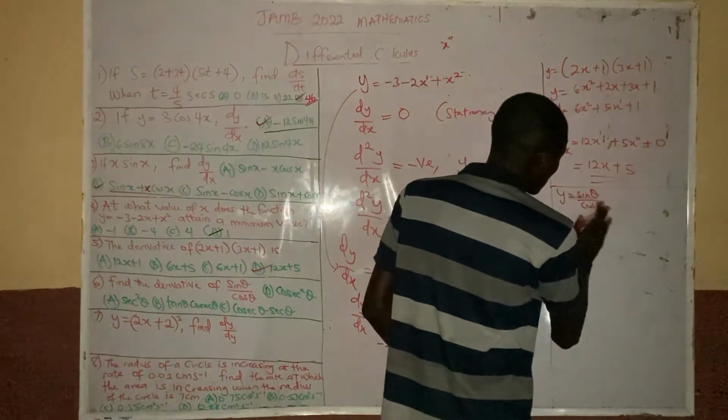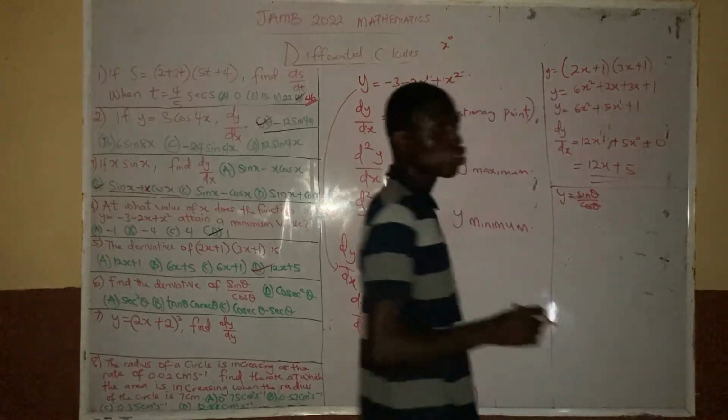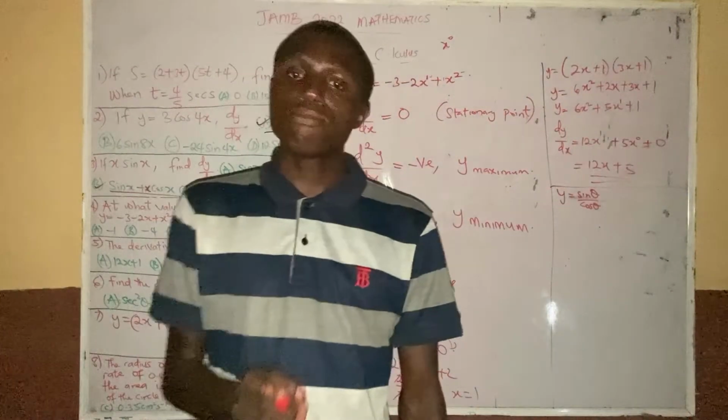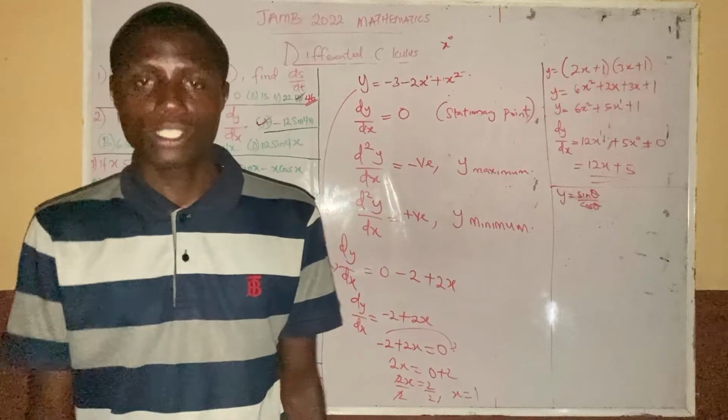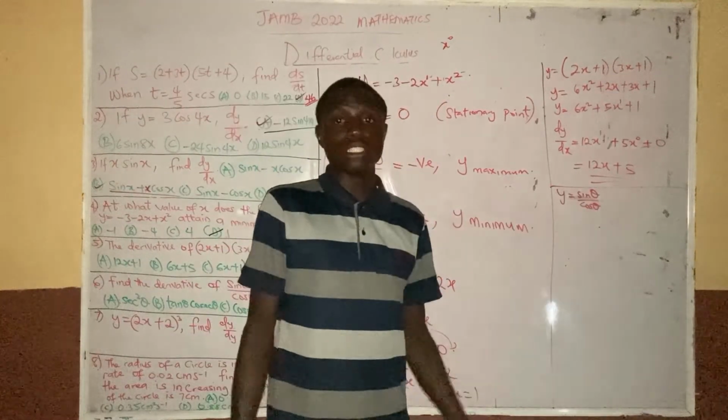Whenever you see a fractional function like this, with the value all over a division, you use the quotient rule.